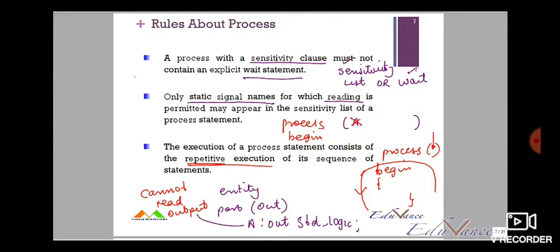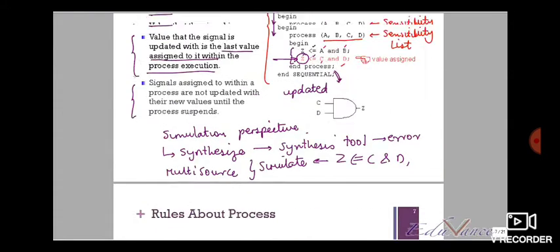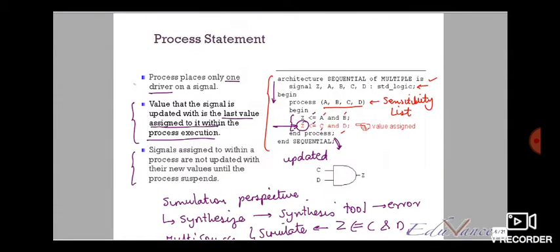Let's understand these rules again, just to summarize. The process will put only one driver on the signal. Basically, if you have one signal, at the end of the day, there will be only one driver. The value of the signal is updated with the last value, and the value will not be updated until you make one full run at the process, until the whole process is executed once.